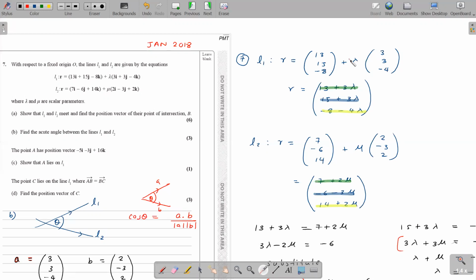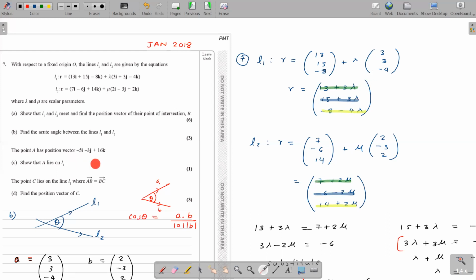So if you can find the lambda value that gives you minus 5, minus 3, 16 when you substitute it, then you can show that this particular point lies on L1, because there's a single lambda value that satisfies this equation to give you this answer.